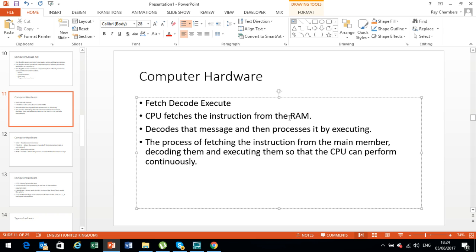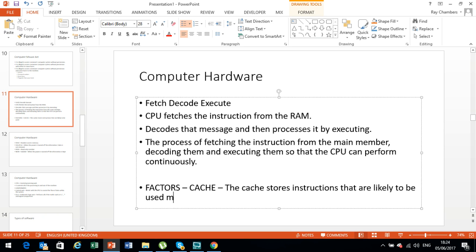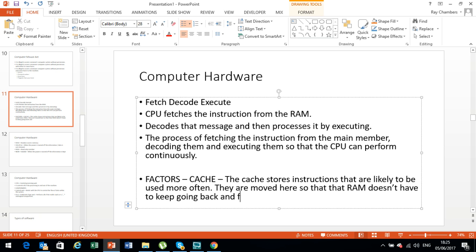Now, there are a number of factors that affect the performance. Some of these factors include the cache. The cache stores instructions that are likely to be used more often. They are moved here so that the RAM doesn't have to keep going back and forth.